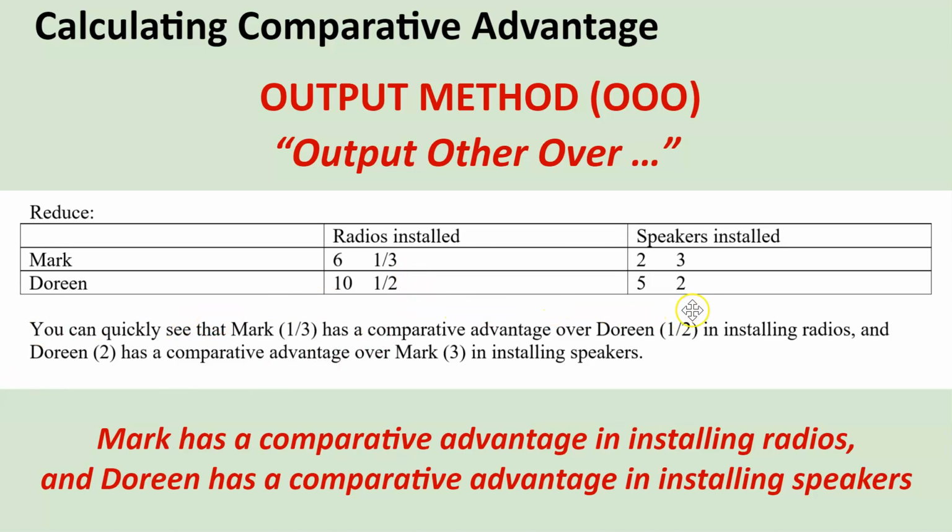Doreen is giving up 2 radios to install a speaker, where Mark is giving up 3 radios to install a speaker. So Doreen has the lower opportunity cost in installing speakers, and thus the comparative advantage. So Mark should install radios, Doreen should install speakers, because they both gain from trade in having a lower opportunity cost, and thus the comparative advantage in installing those items.